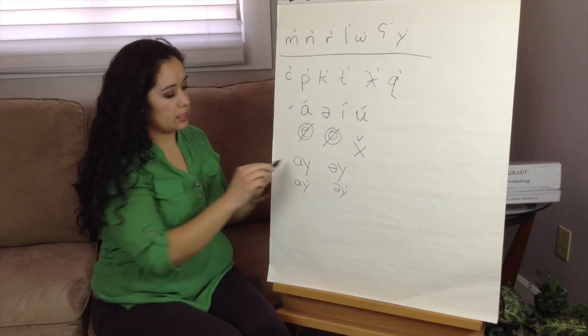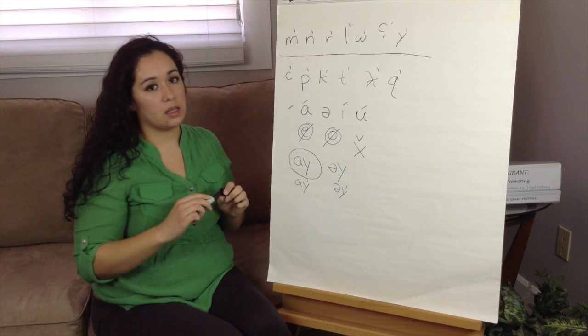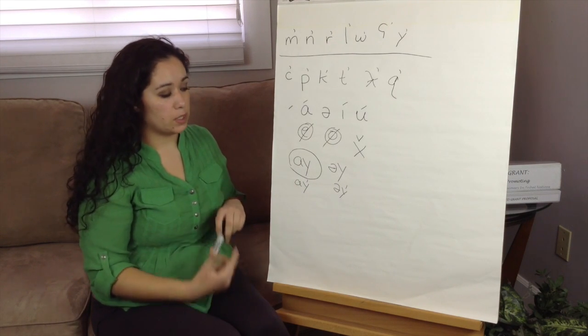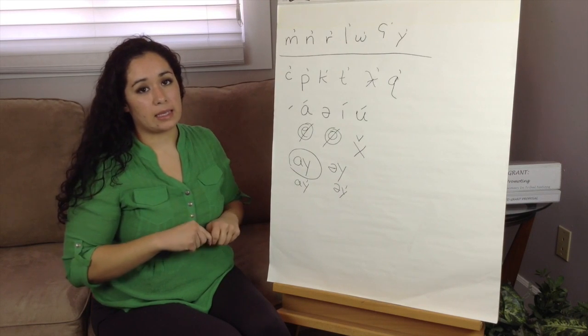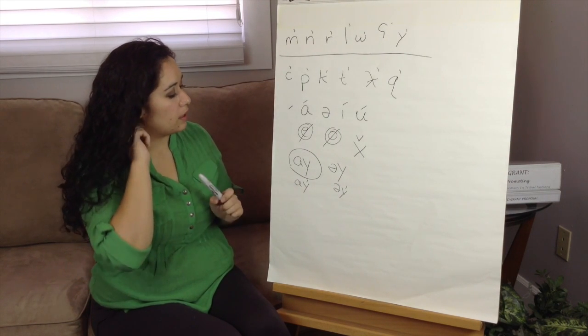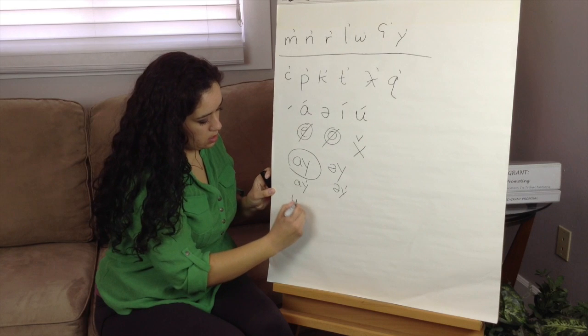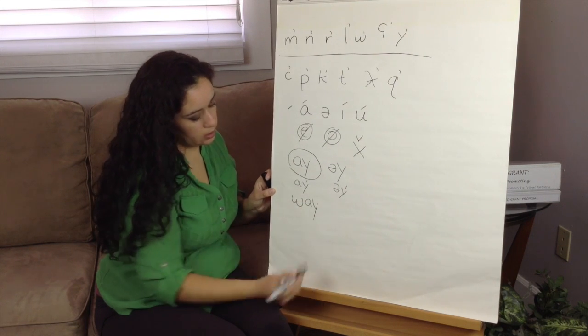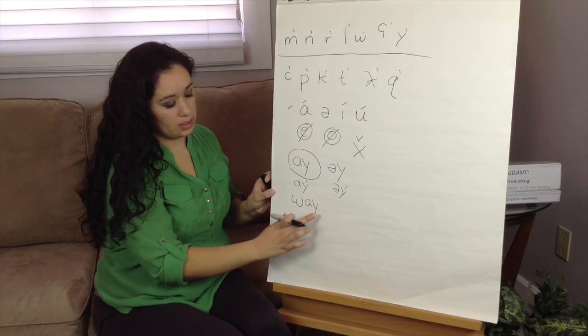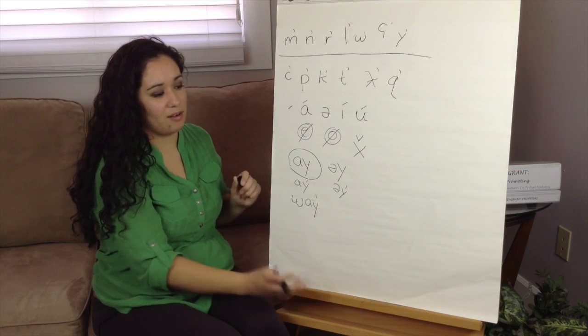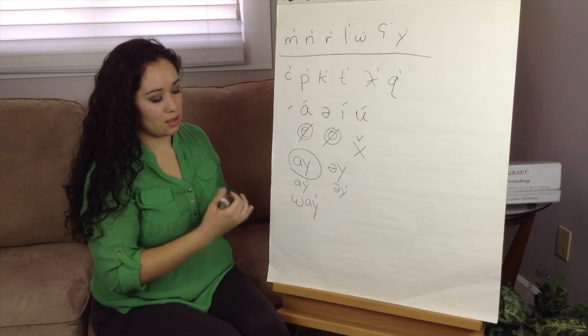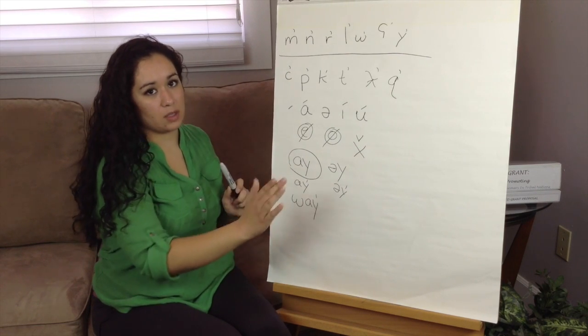So the AY together makes the long I sound, and then the EY together makes the long A sound. This is a good example, white. So these two together just make one sound, I.